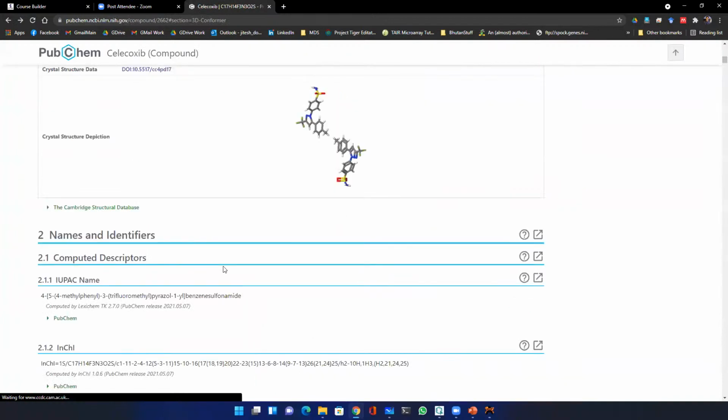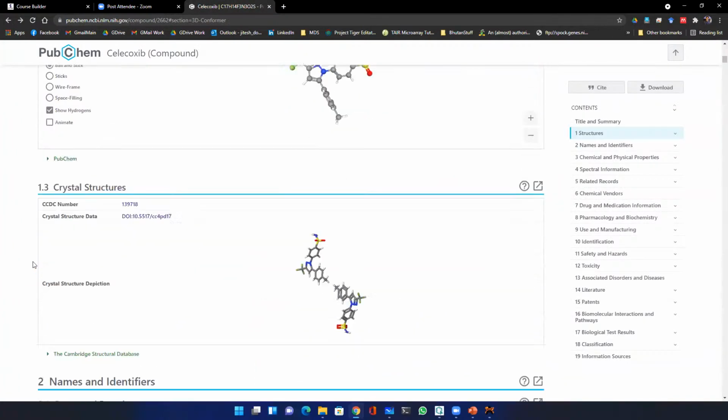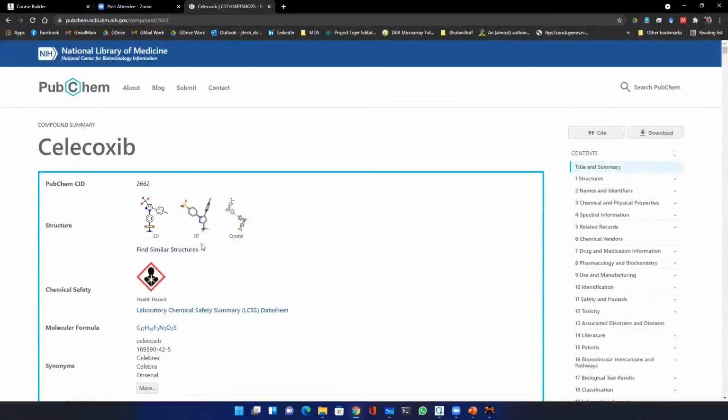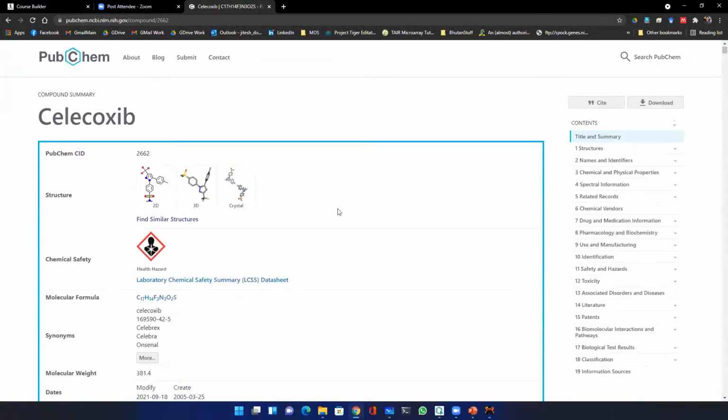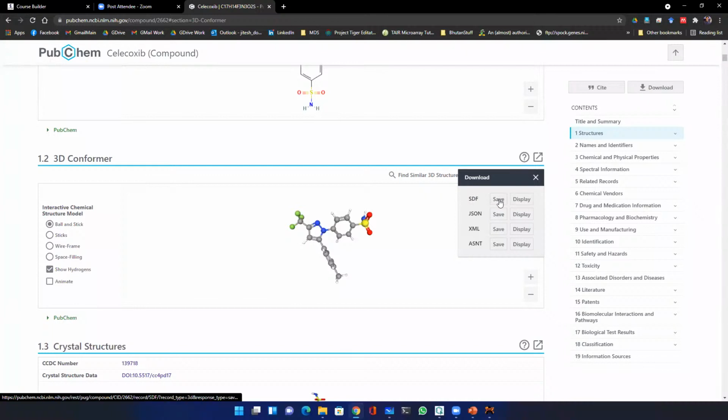Let's not download the X-ray structure. For most common calculations, we are going to need this 3D structure, and from here you can download it. To download this, you can go to the download button on the right corner of the 3D structure. It will give you different formats. Out of these, we have only learned about the SDF format right now, so we can download this.